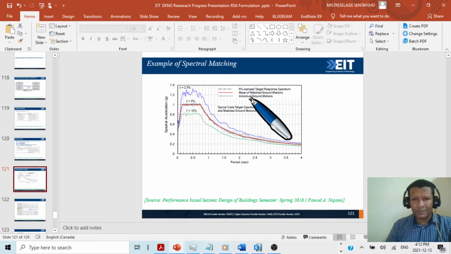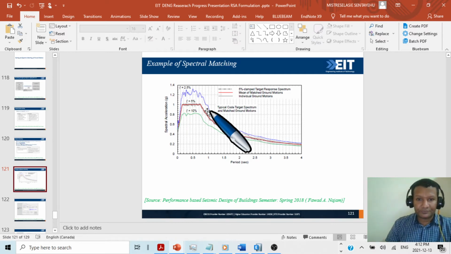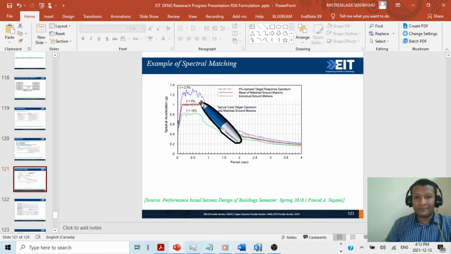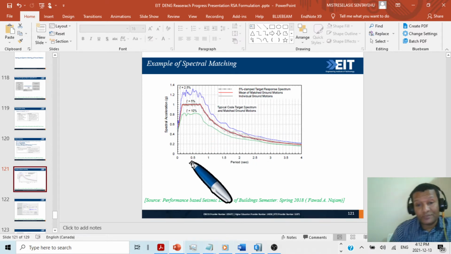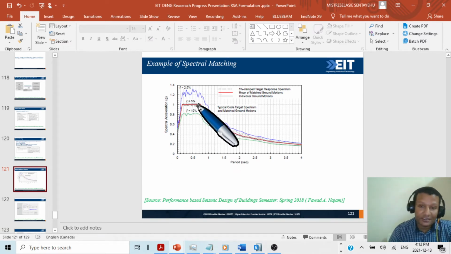As I showed you, we have extracted 11 ground motions, and these 11 ground motions will be matched with our target response spectrum. Then our target response spectrum from 0.5T to 1.5T should not be less than 1.4 times the 5% design response spectrum. That is what UBC and IBC and other codes are saying.